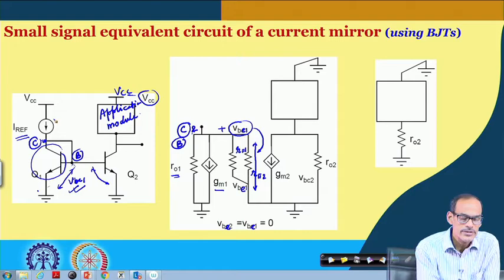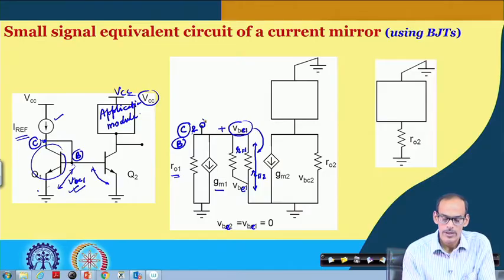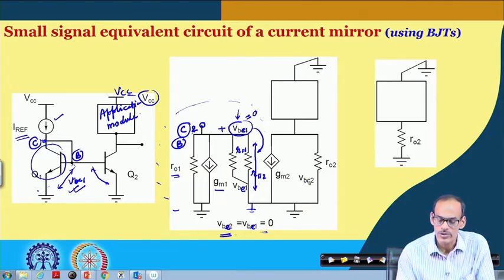And again, since it is a DC current, for the small signal equivalent circuit this is open, and in this network, if you see, here we have a ground connection, here also we have a ground connection, and the only solution for this is VBE equal to 0. So, that makes VBE2 also equal to 0.